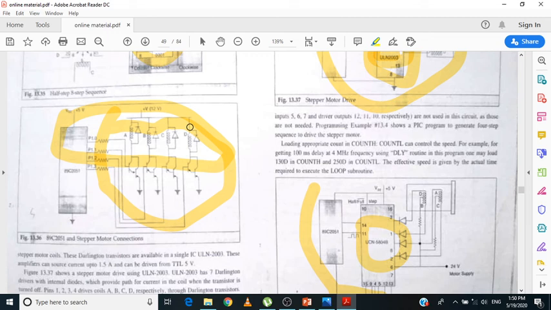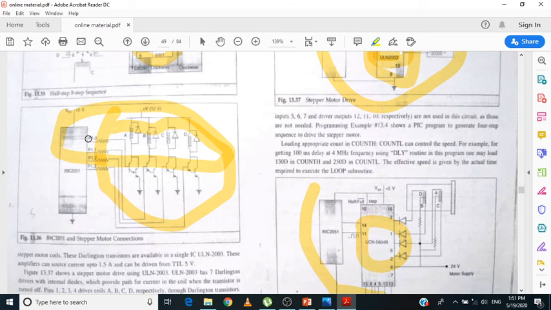So depending on the current supply expected by the motor, you are supposed to supply that much current from the microcontroller, which is not possible because it is working with 10, 15, 20 milliamperes current. I'm talking about the current only, not the power which acts as a source and sink.